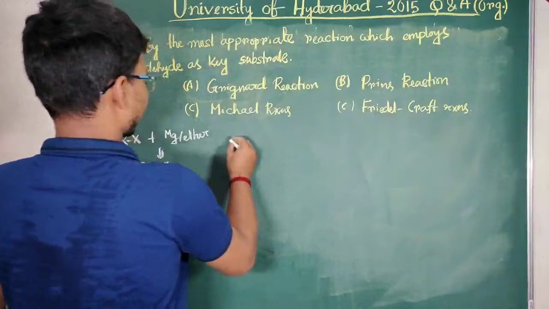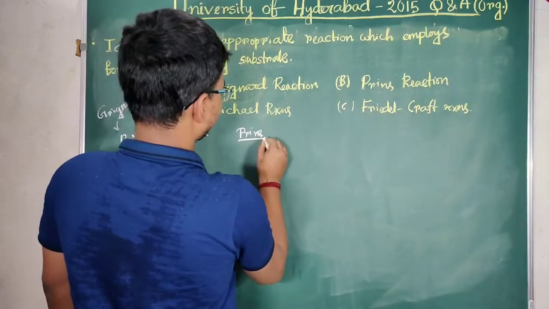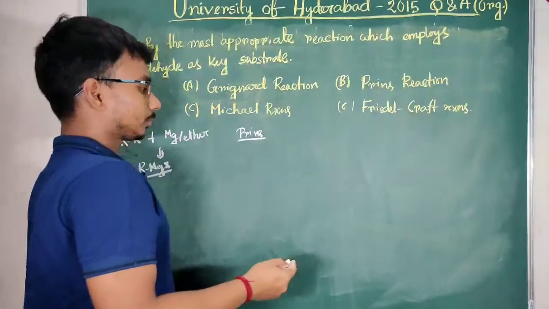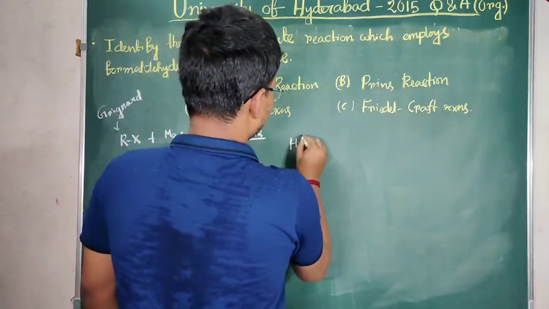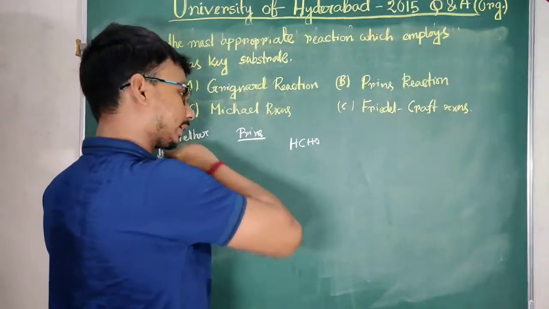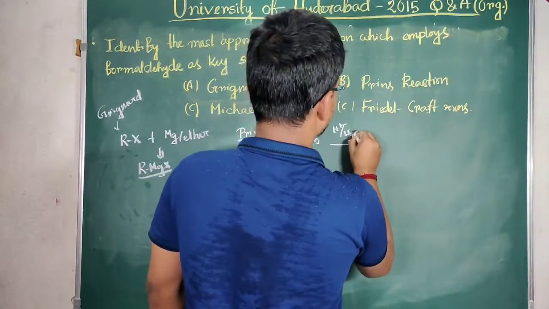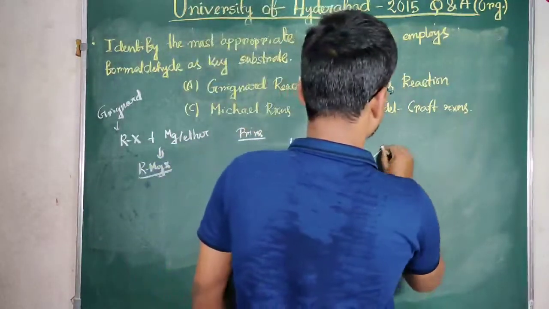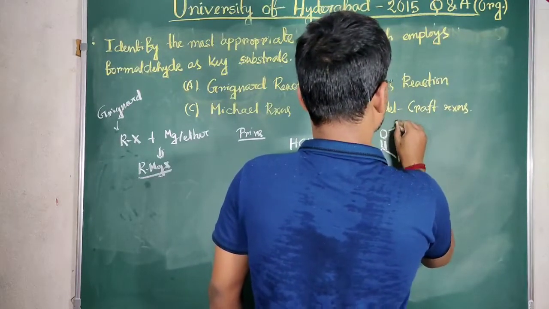So we go for the Prins reaction. What is Prins reaction? Actually, these reactions start with formaldehyde. What is the reaction mechanism? H plus, H2O. Okay, so what happens is it is protonated.